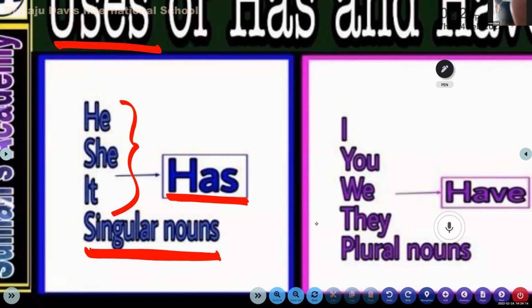When we talk about singular nouns and also singular pronouns like he, she, and it, we use has.